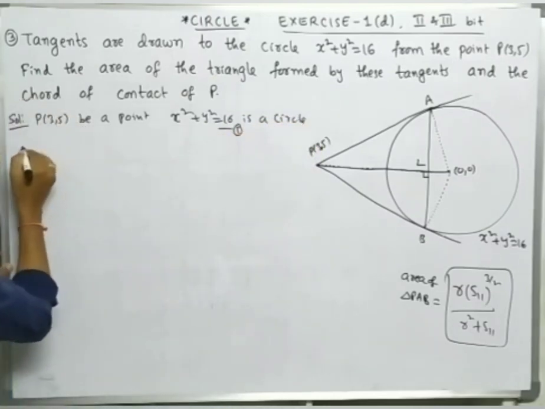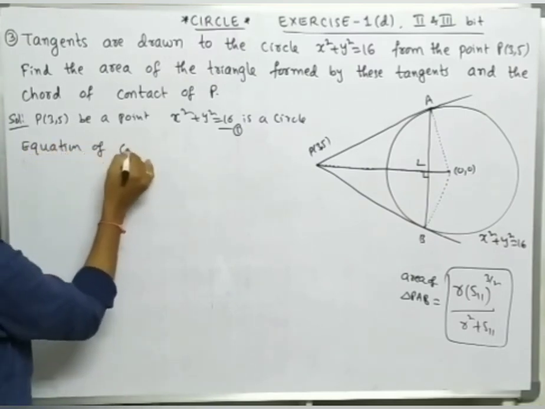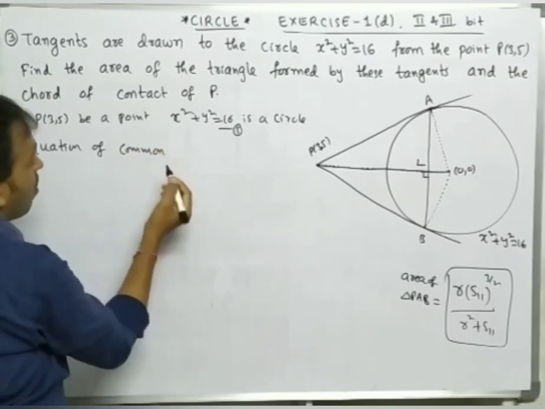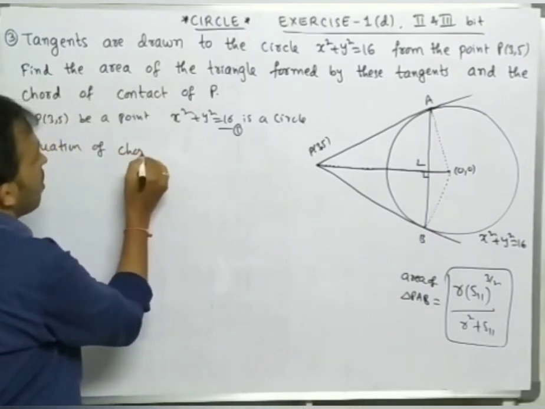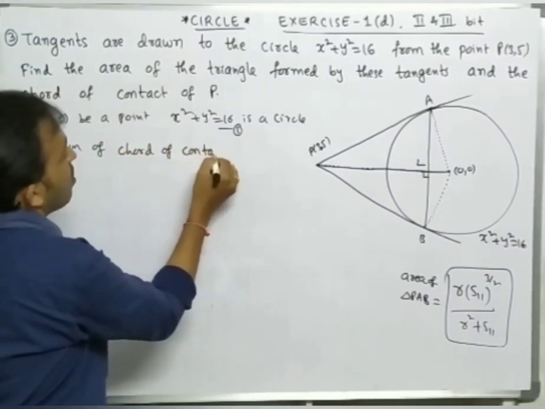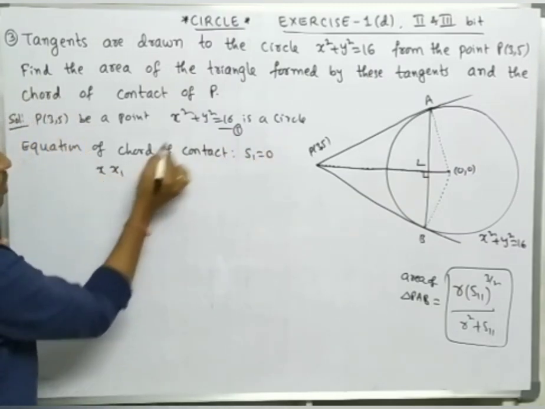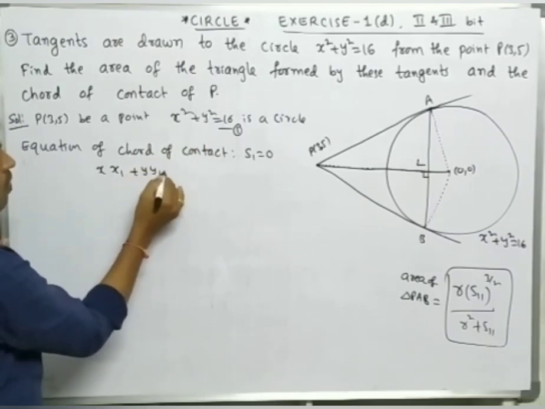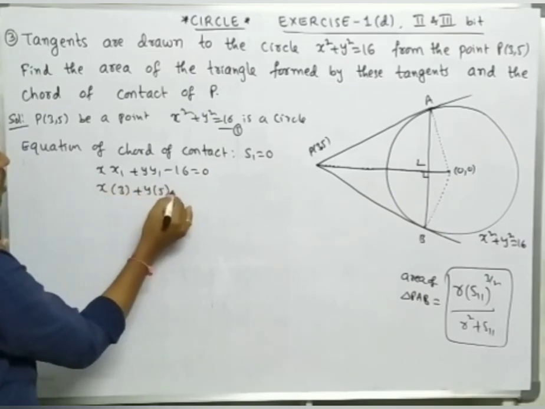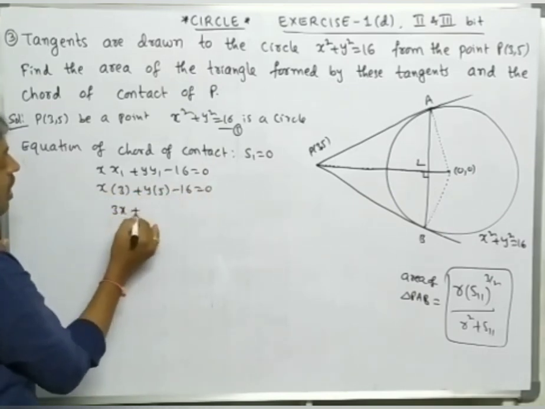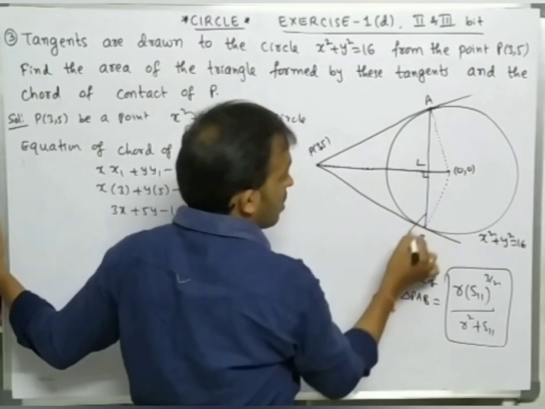Now the equation of the chord of contact: the formula is S1 is equal to 0. That means x into x1 plus y into y1 minus 16 is equal to 0. x into 3, y into 5, minus 16 is equal to 0. So 3x plus 5y minus 16 is equal to 0 is the equation of the chord of contact.